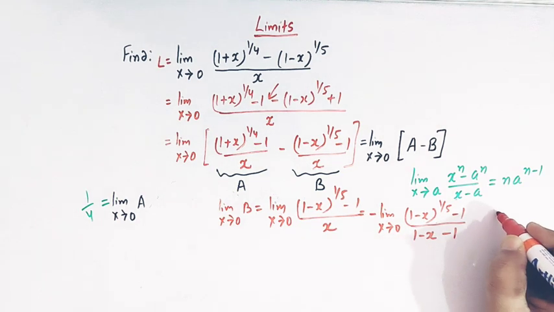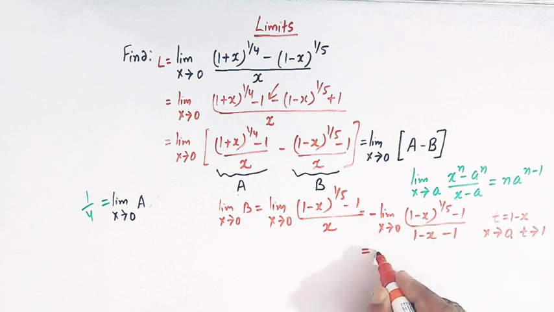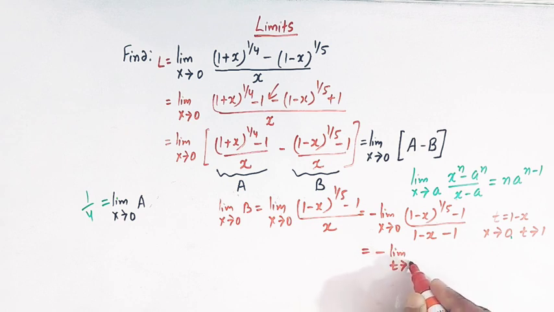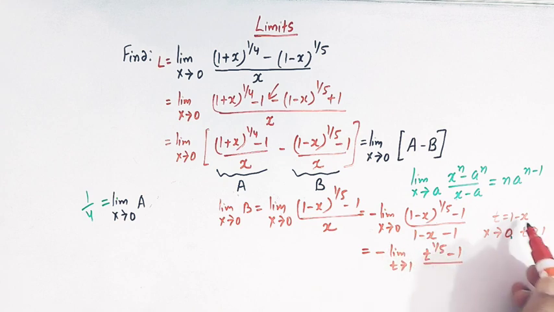Now let us take t equal to 1 minus x. When x tends to 0, t tends to 1. So this limit takes the form minus limit t tends to 1 of t raised to 1 over 5 minus 1, divided by t minus 1, since 1 minus x is t.